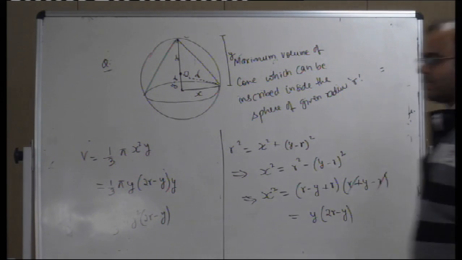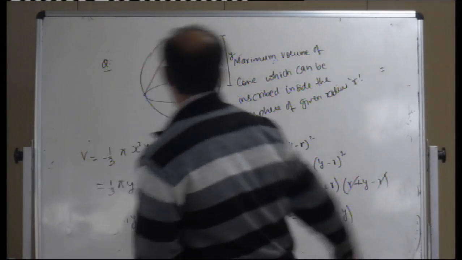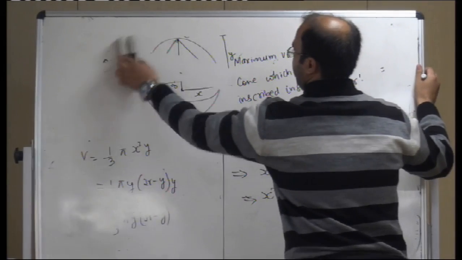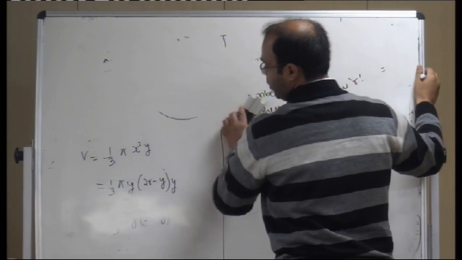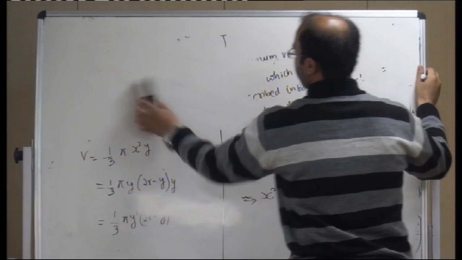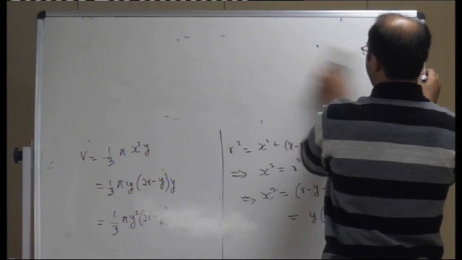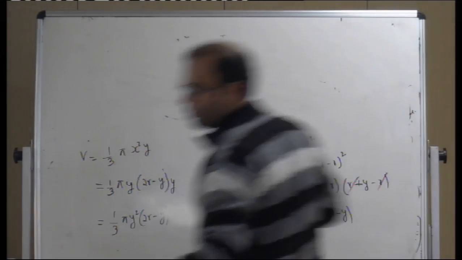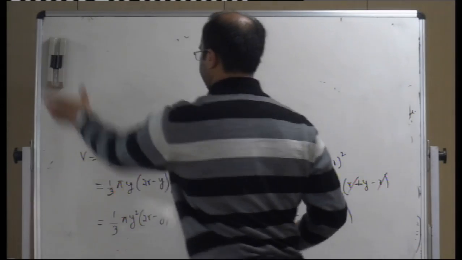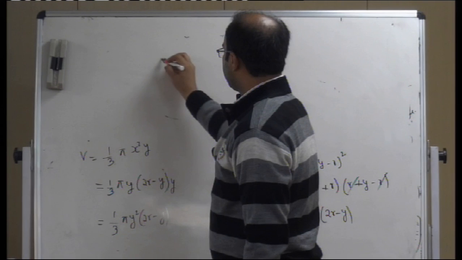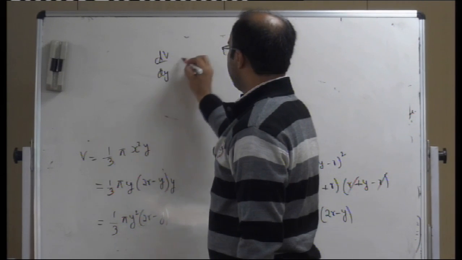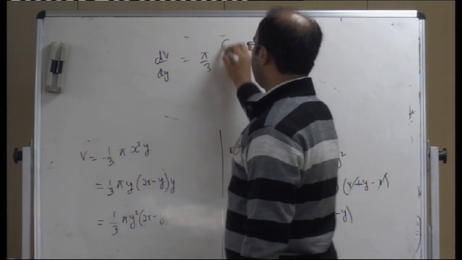Now our next step is to differentiate that V with respect to y, which is a variable. So when we differentiate this in terms of y, dV by dy, this pi by 3 is a constant, we don't have to do anything.